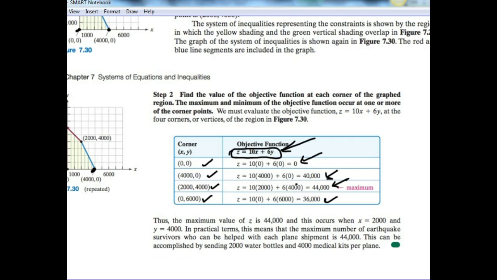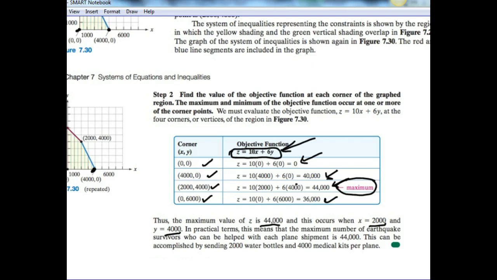Okay? So I hope you can see that our maximum value, which they're calling Z, is 44,000. And this occurs when X is 2,000 and Y is 4,000. That's when the maximum occurs.